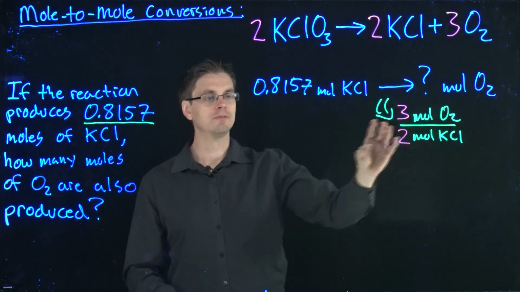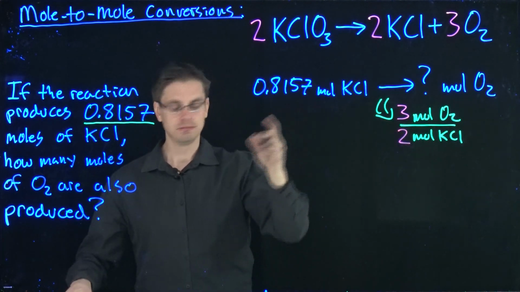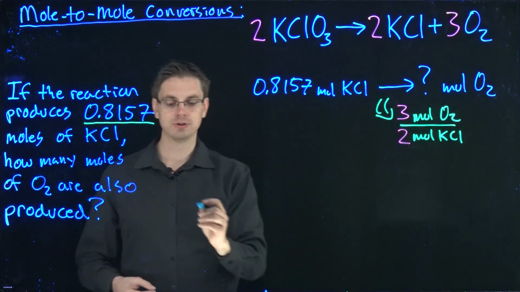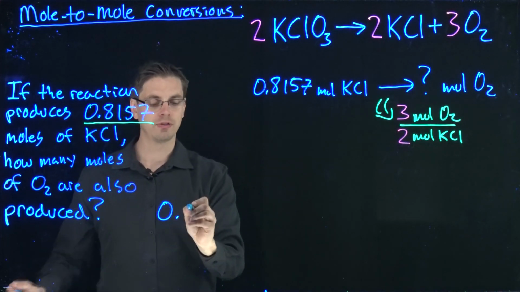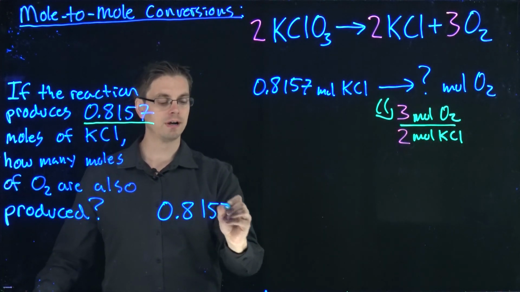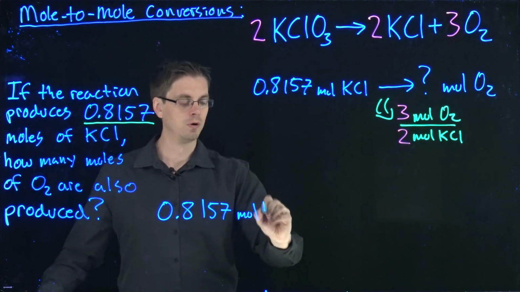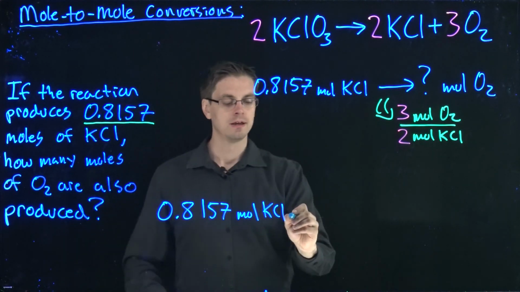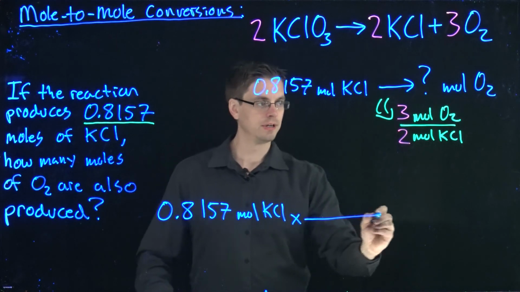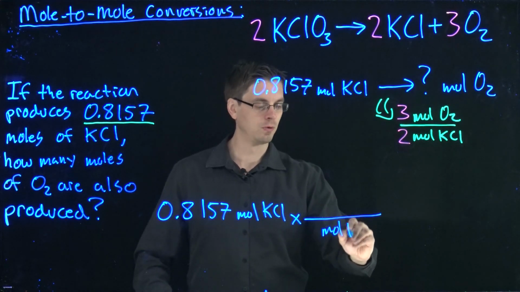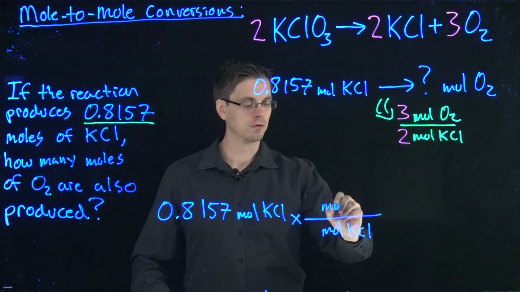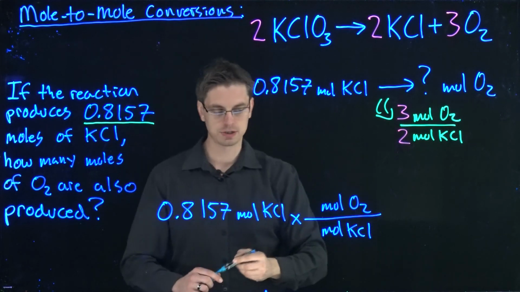Now that we have that conversion factor, we basically do exactly what we did in the last 2 videos. We're going to start off with our 0.8157 moles of KCl, and we are going to then use our conversion factor, mole KCl over mole oxygen there.